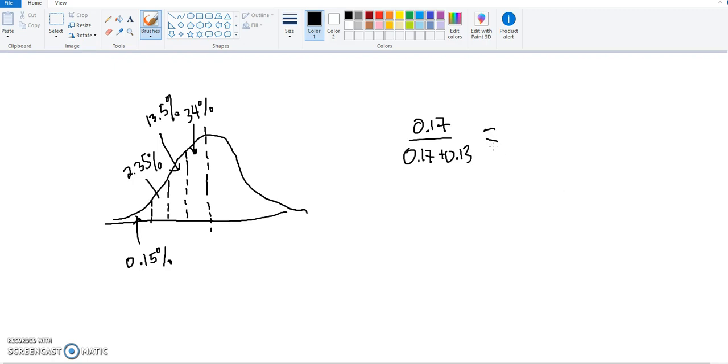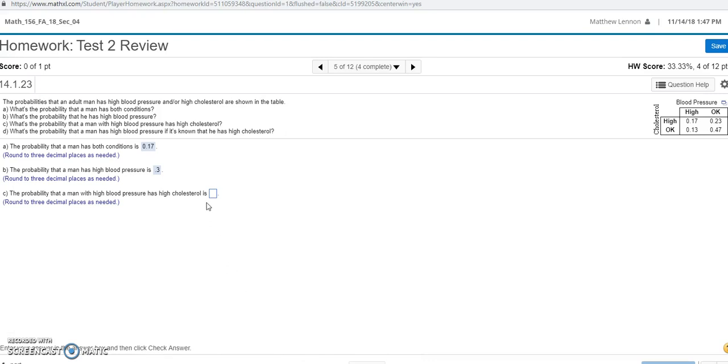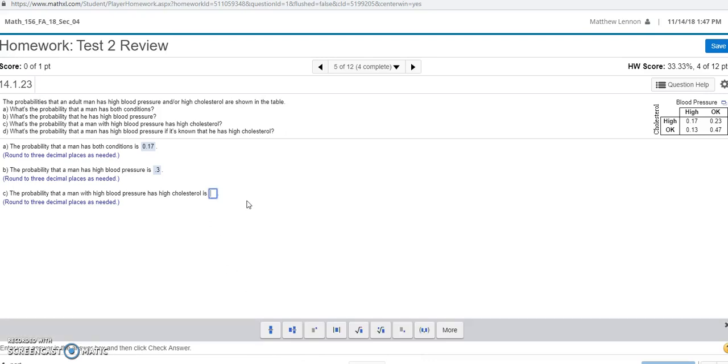We put that into the calculator: 0.17 divided by 0.3 gives us 0.56 repeating. So when we come back to this one, we're going to answer with 3 decimal places, 0.567.